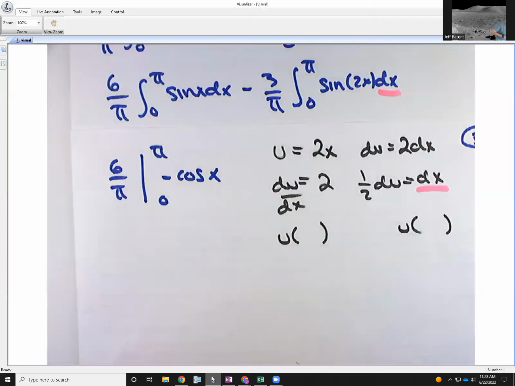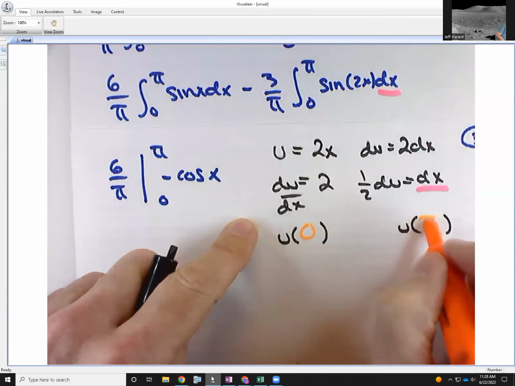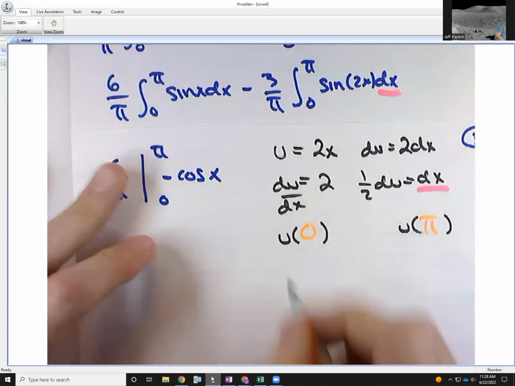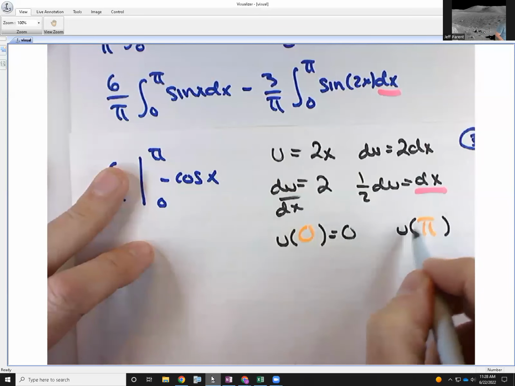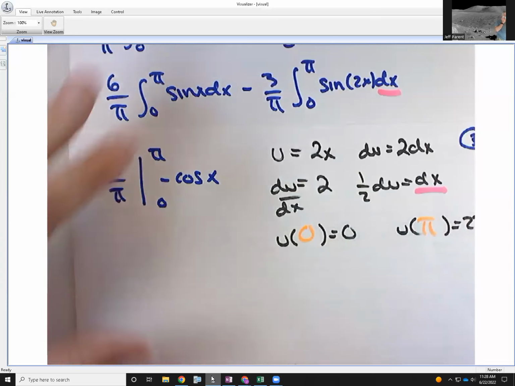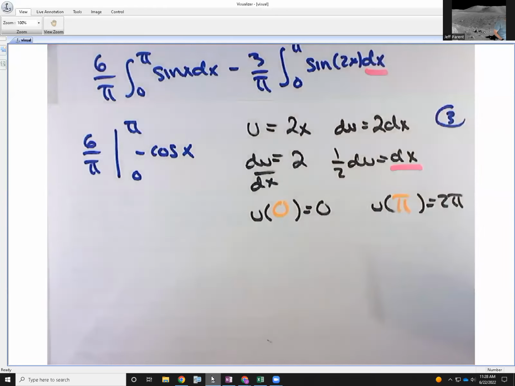I've got to calculate u evaluated at 0 and u evaluated at pi, and see what happens there. Well, 2 times 0 is still 0. 2 times pi is 2 pi.